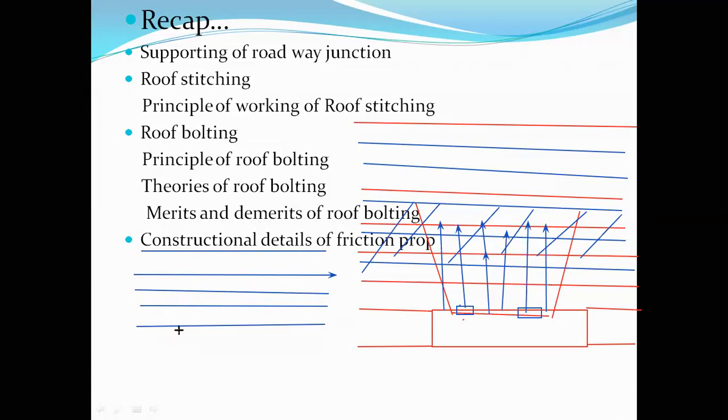These are the different layers, and I'm combining all these layers, something like this. So what happened now? These individual layers are joined by means of roof bolts so that they form a composite beam. That's why that theory is called composite or beam theory.